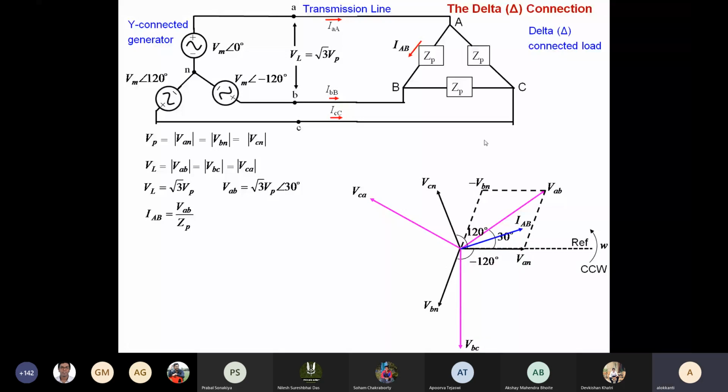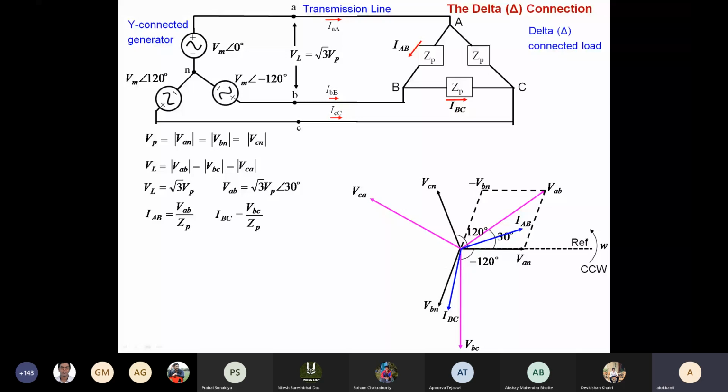Similarly, you will get IBC. IBC is nothing but VBC by ZP. Considering a balanced load and a balanced generator, it will generate IBC, which will be IAB rotated by 120 degrees.